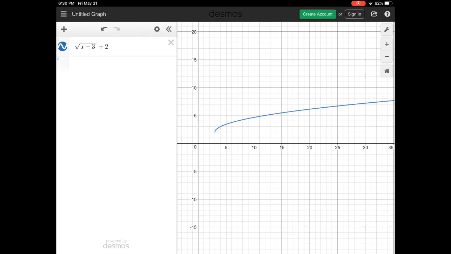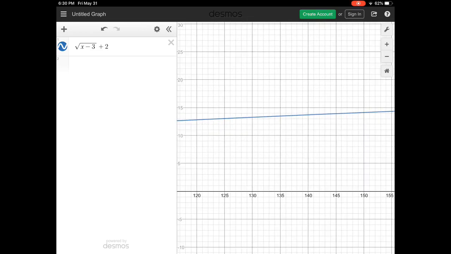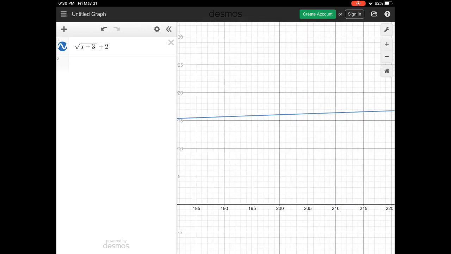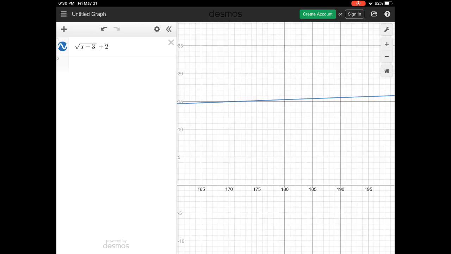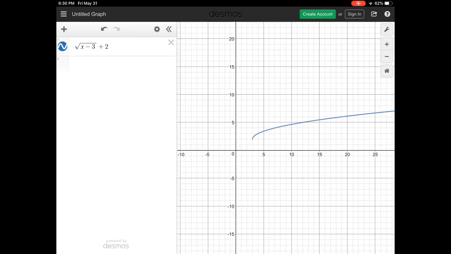But the first x value is 3, and then it extends all the way until infinity. And obviously, I could scroll forever and ever, and I would never get to infinity, okay? But it's just going to keep on going and going and going. So that's why it's from 3 to infinity. I just wanted to show you that visually, so now you can look at a graph and say, okay, well, the domain is clearly from 3 to infinity.